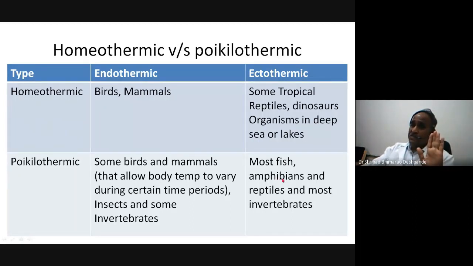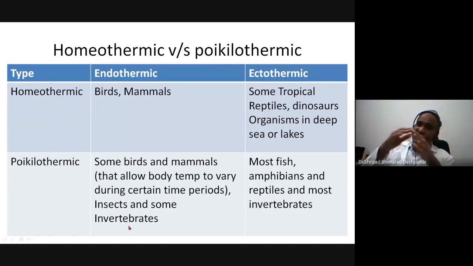And amphibians, the frogs, are poikilothermic and ectothermic. So they are governed by the external environment. And some reptiles and most of the invertebrates are ectothermic and poikilothermic.